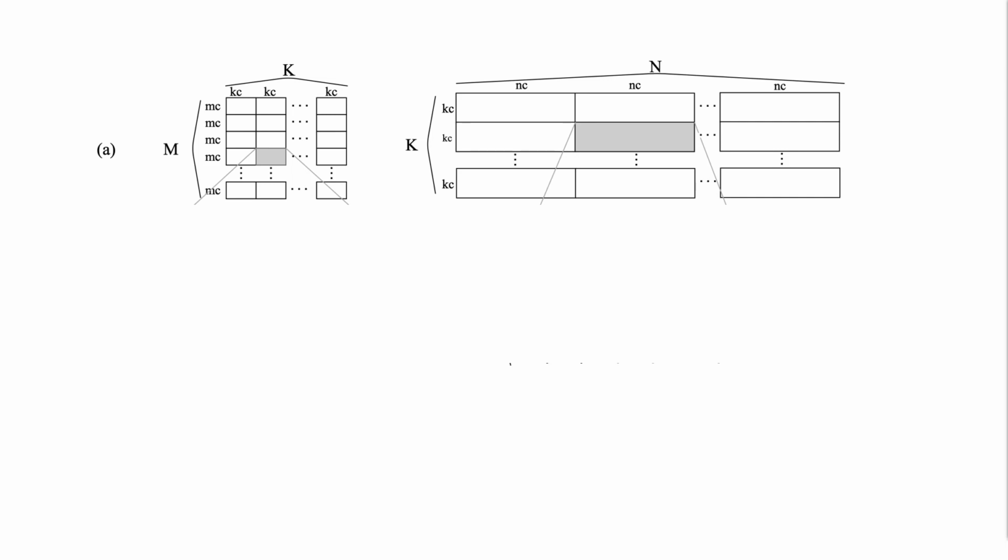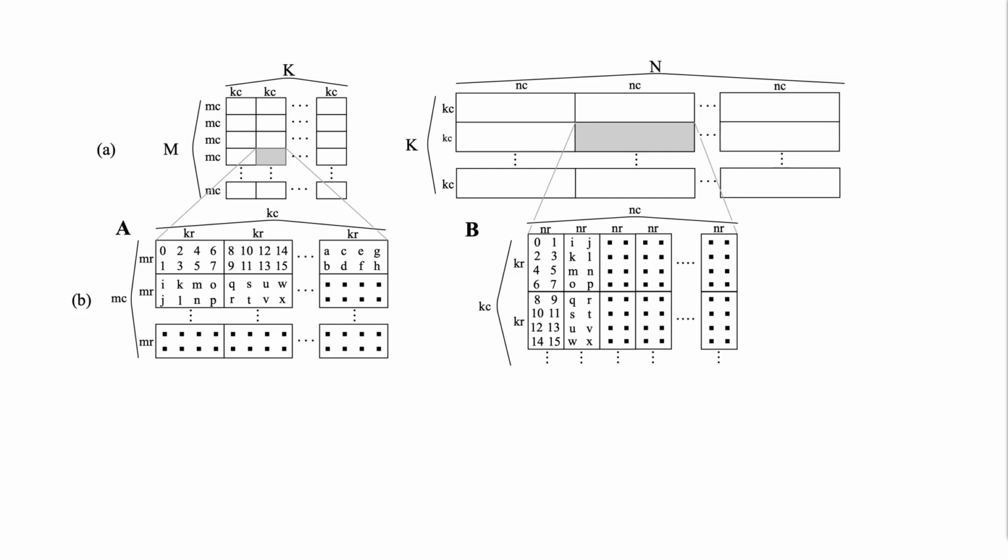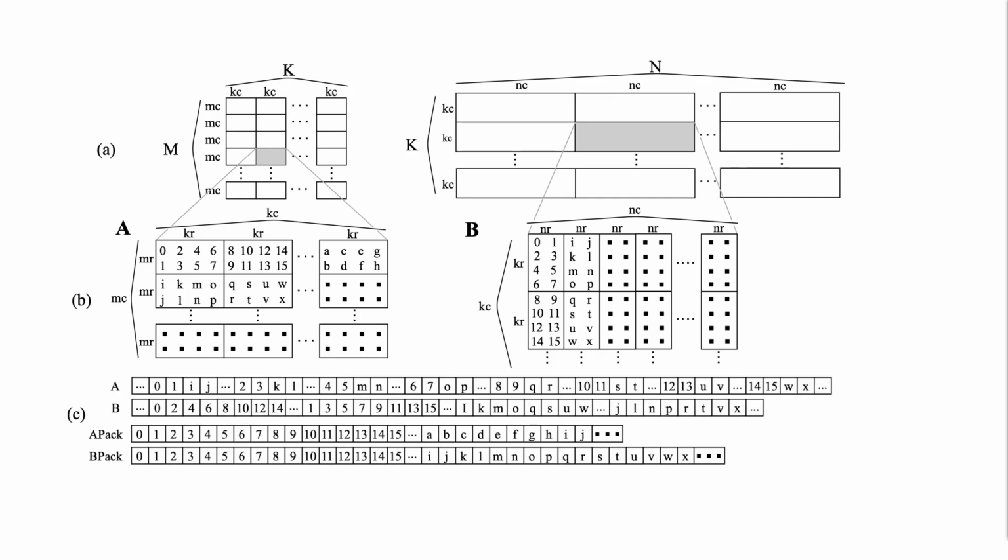The MC, KC, and NC dimensions are specifically chosen to fit in cache. We then take these tiles and break them down further into tiles that fit into registers. Each of these tiles is packed in a special buffer to aid memory accesses.